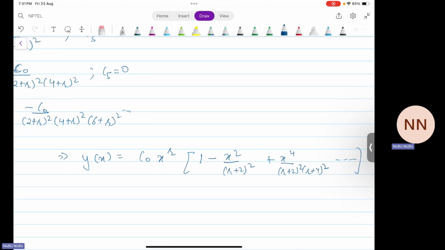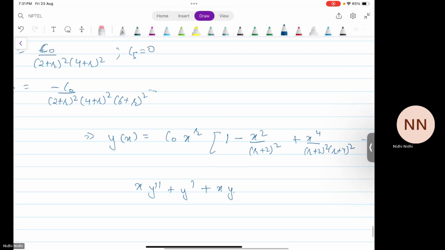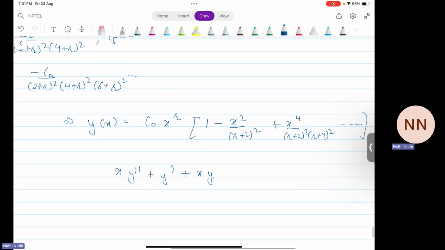Now if we put this y(x) in our given equation, our equation was x y double dash plus y dash plus x y. One can easily find the derivatives of this y(x) and substitute here. We'll get this to be equal to c naught r square x to the power r minus 1.